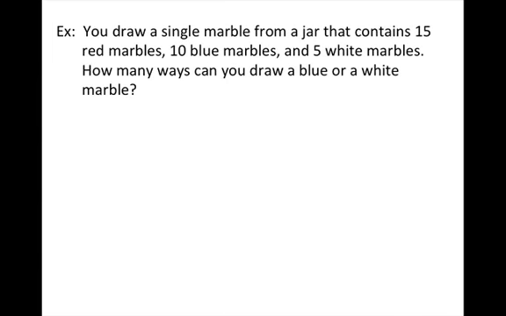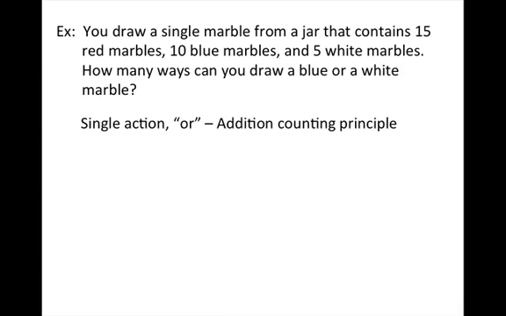In the next example, you draw a single marble from a jar that contains 15 red marbles, 10 blue marbles, and 5 white marbles. How many ways can you draw a blue or a white marble? This is similar to another example. We have a single action experiment, and we're asked for an OR.